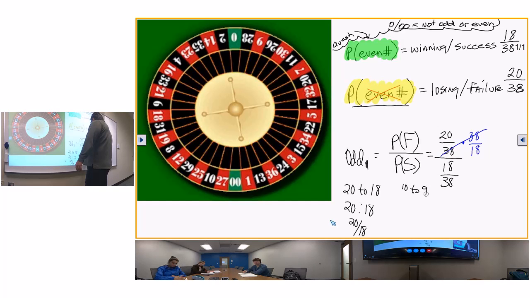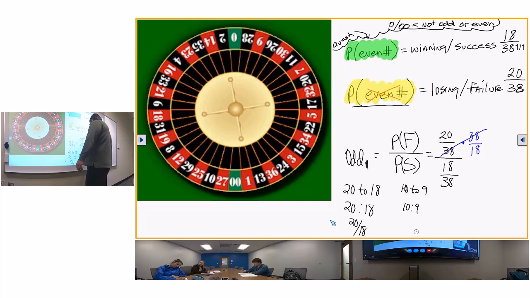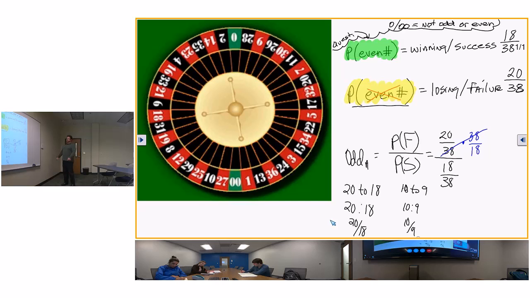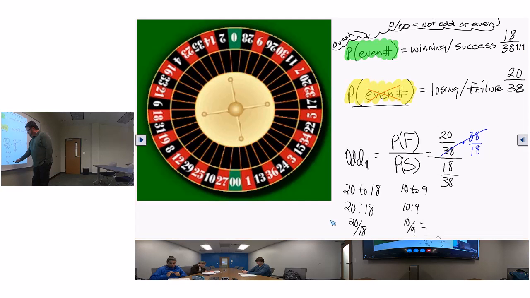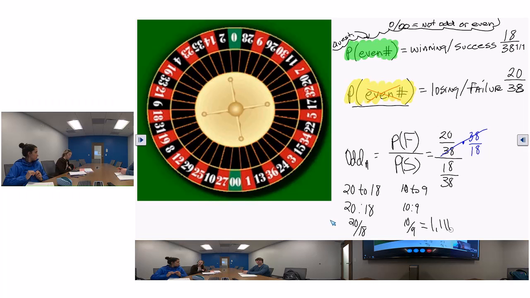Hang on one second, I'm writing this down. 10 to 9, or 10 over 9. Now somebody go ahead and divide 10 by 9 and give me the decimal, because you can write it that way also. What's 10 divided by 9? 1 point what? 1.1111111.